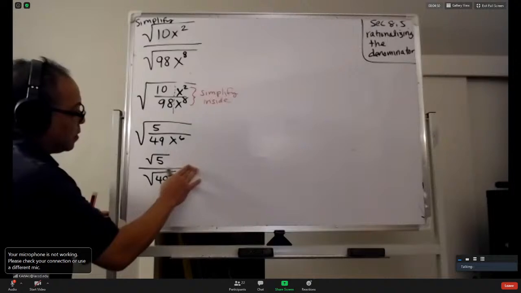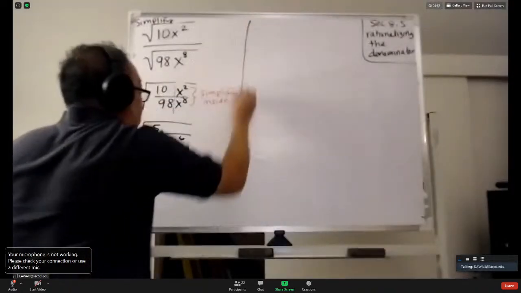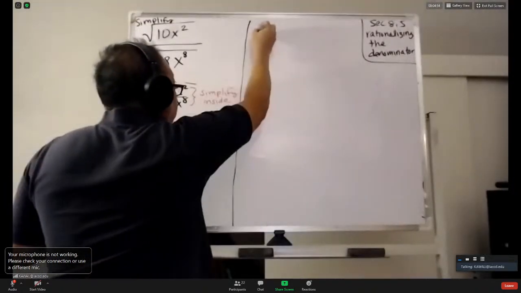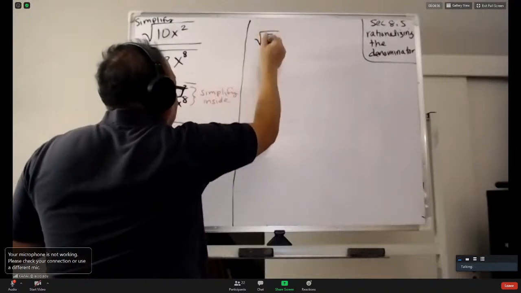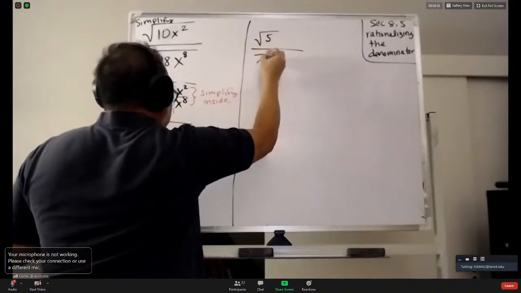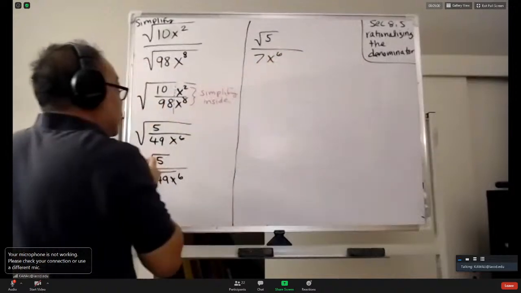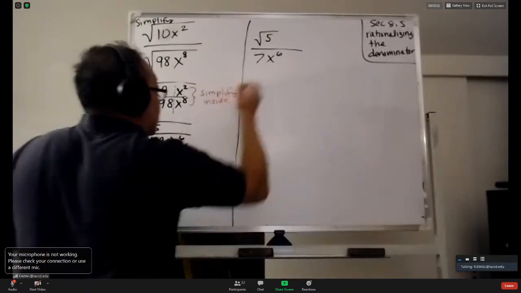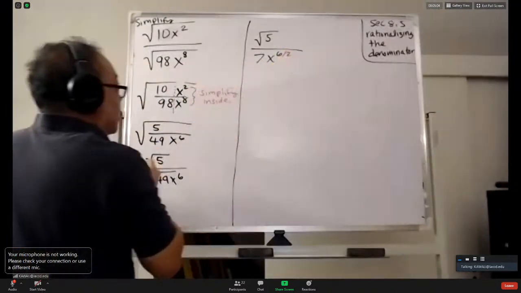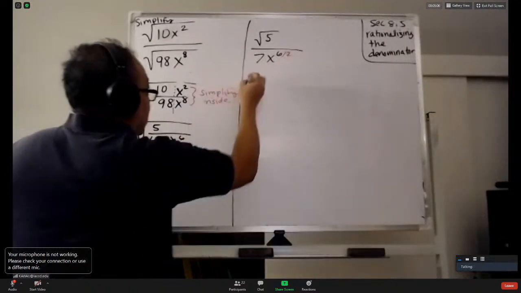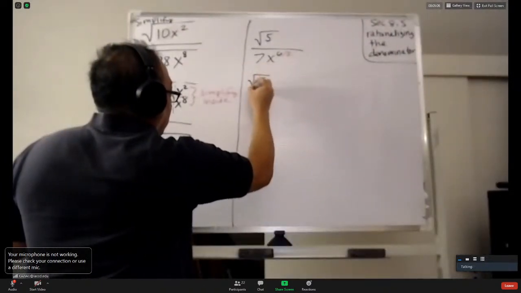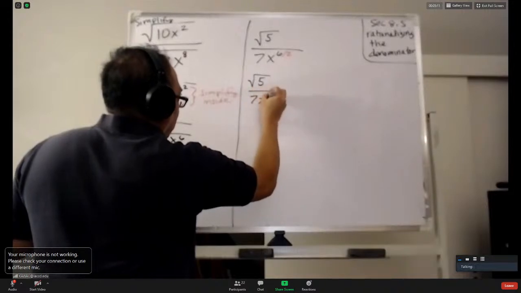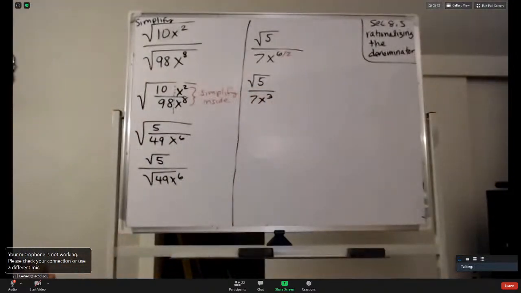Okay. So now we'll get square root of 5 over 7, and then we're going to divide the exponent by the index. Like that. And then we're done.